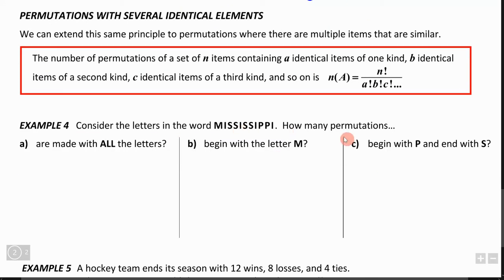Okay. So consider the word Mississippi. How many permutations are made with all the letters? So to calculate this, we simply look at 11 factorial, the number of letters in the word Mississippi, and divide by the number of identical elements.